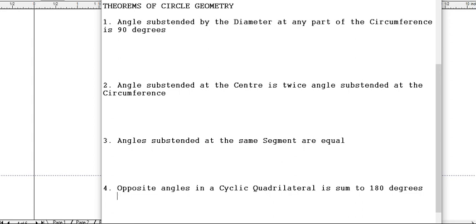This is what we're saying: X plus Y is equal to 180 degrees, and A plus B is equal to 180 degrees.